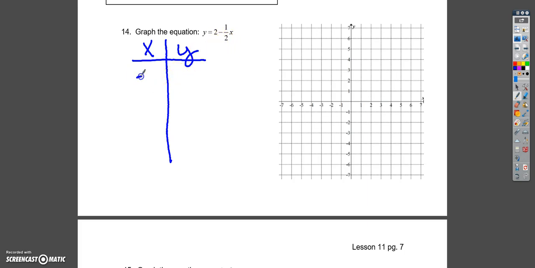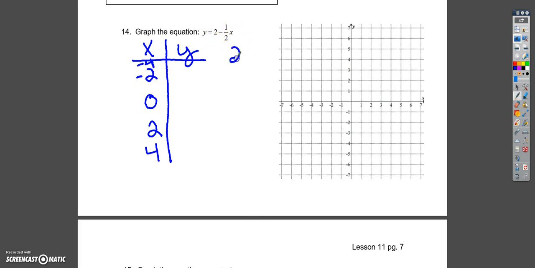We're going to pick -2, zero, and +2. That only gives us 3 numbers. So find another multiple of that 2, which would be -4 and 4.